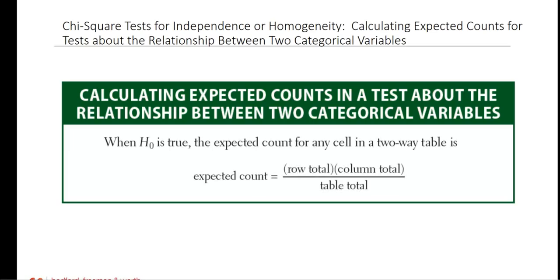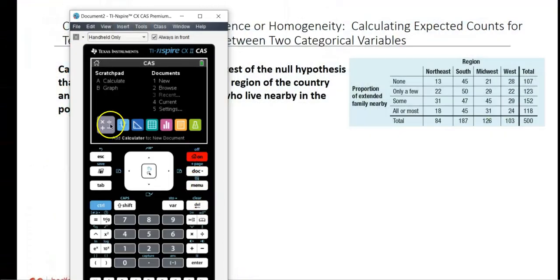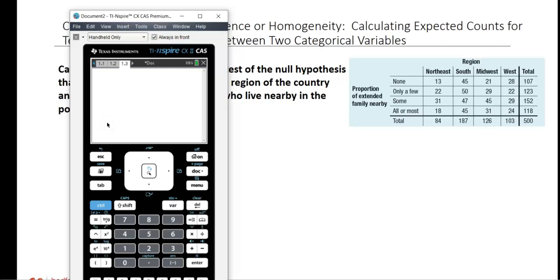So if you want to figure out the expected values, expected counts, I should call them, you do the row total times the column total divided by the table total. Let's do that for the first few here. To figure out none and Northeast, the top left expected value, I know the observed count is 13, but we have to get the expected count, right?